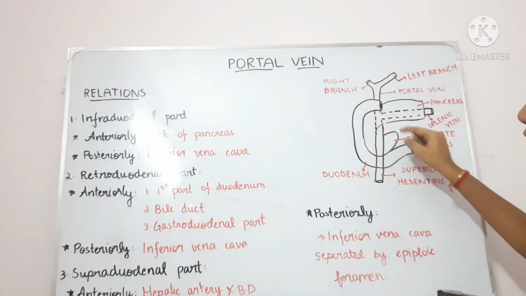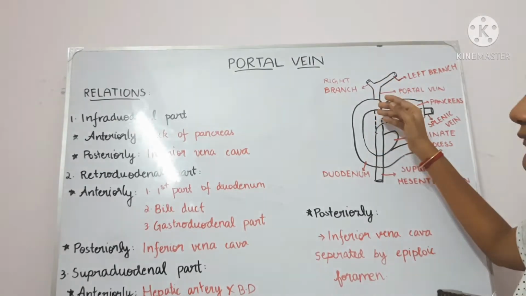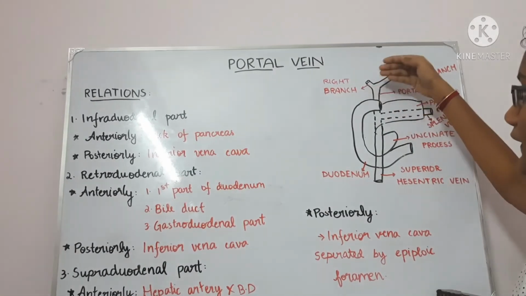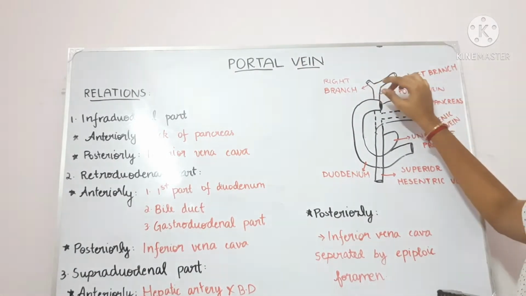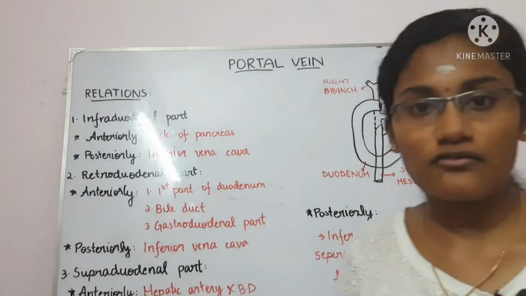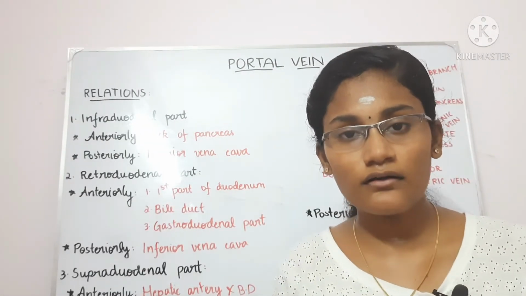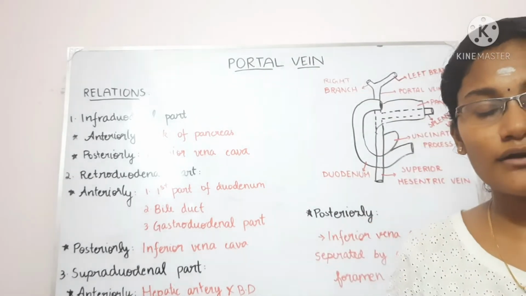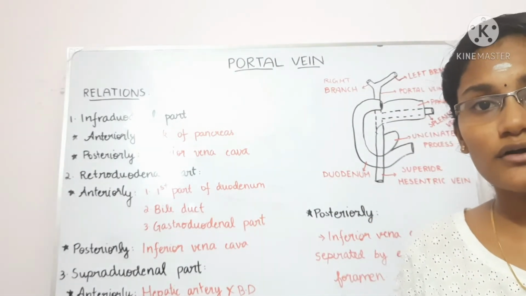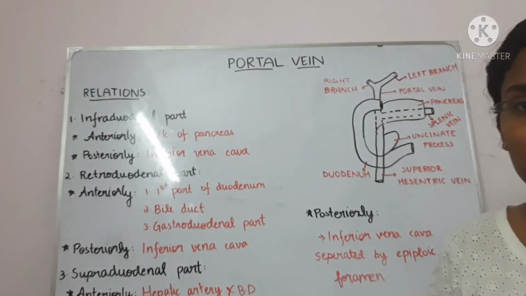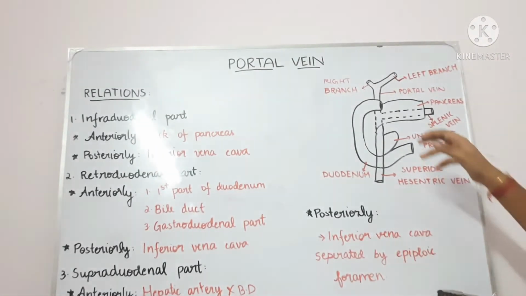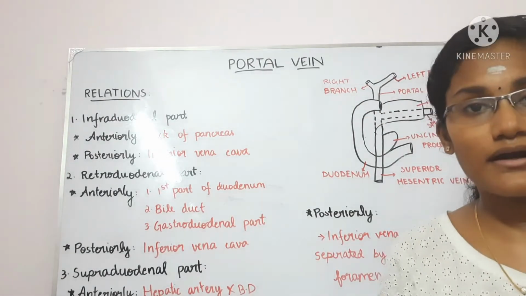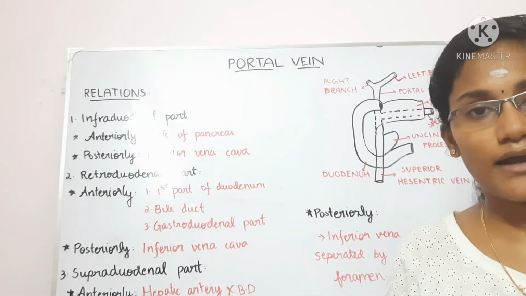The last part of the portal vein goes above the duodenum, lying along the free margin of the lesser omentum. So these are the three parts of the portal vein. Now coming to the termination, the portal vein ends at the liver by dividing into right and left branches.